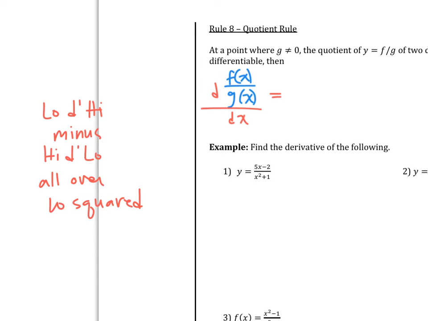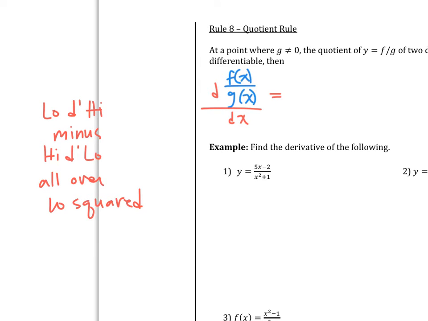Okay, if you're at home, make sure you say it with me, because if you don't, this is a very hard rule to remember. Low d high minus high d low all over low squared. Let's try again. Low d high minus high d low all over low squared.